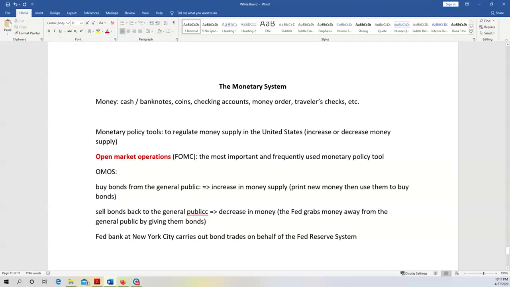That's why the Federal Reserve Bank at New York City is the most important among all 12 regional banks, because it actually carries out those buying and selling of bonds in the bond market in New York City on behalf of the Federal Reserve System, to either increase or decrease money supply.